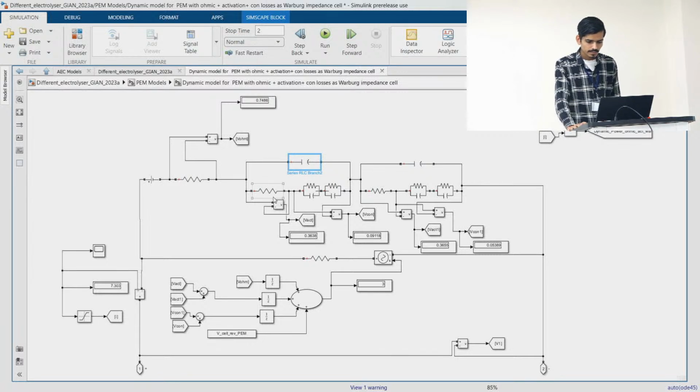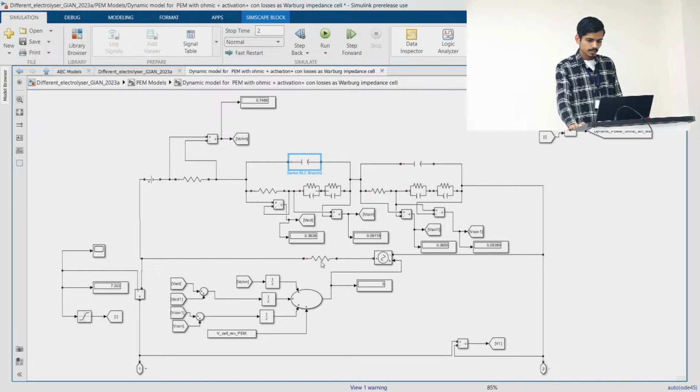So this circuit represents the modeling for that. This is for the anode, this is for the cathode, and with the help of this voltage measurement block we get the values. By summing both the activation potentials and concentration potentials and giving the control signal to this controlled voltage source, we are able to get the desired results.